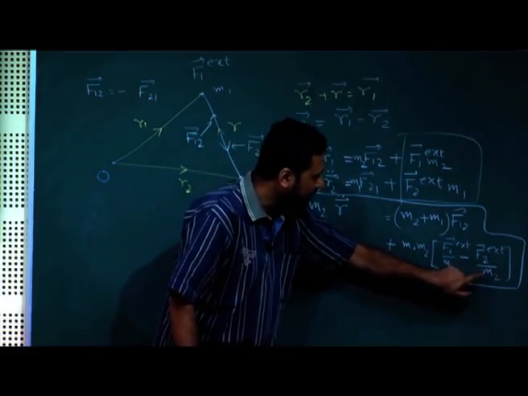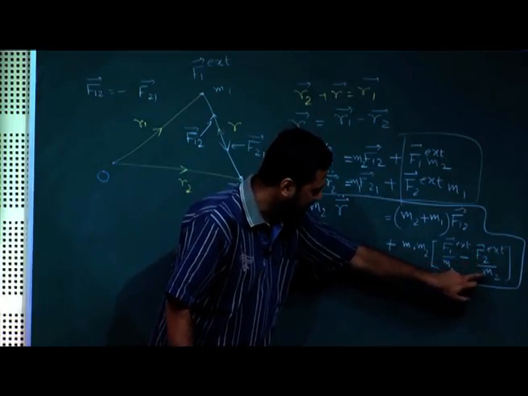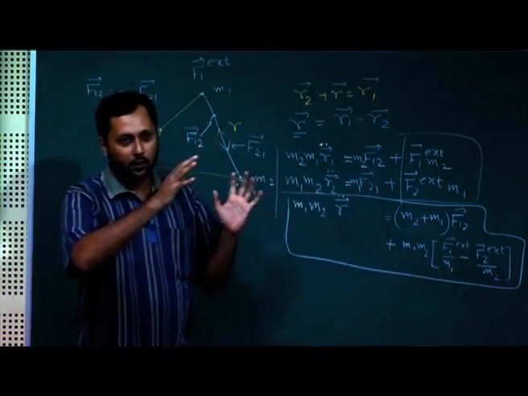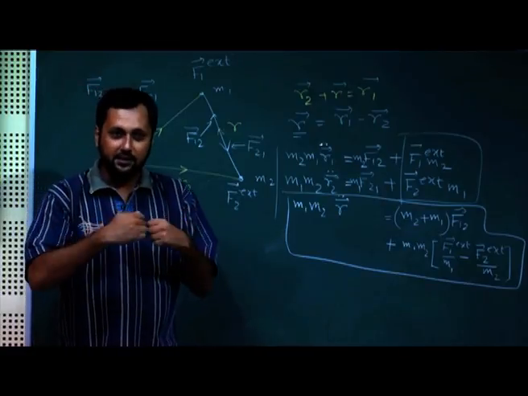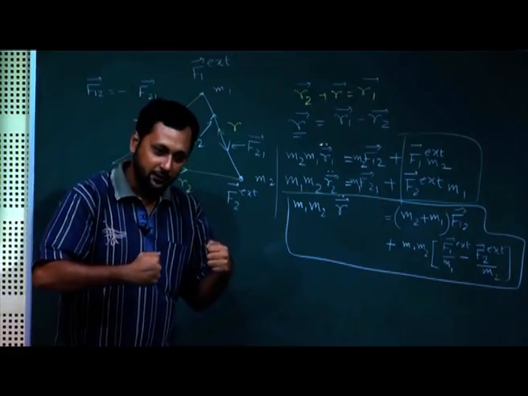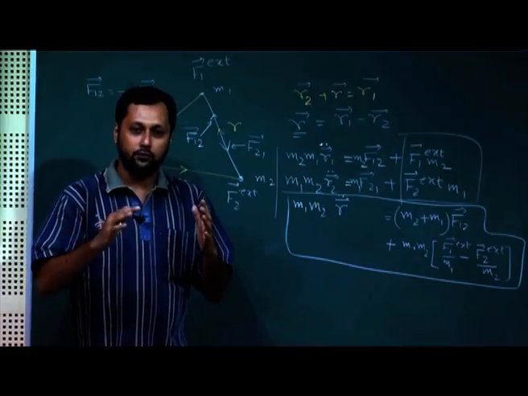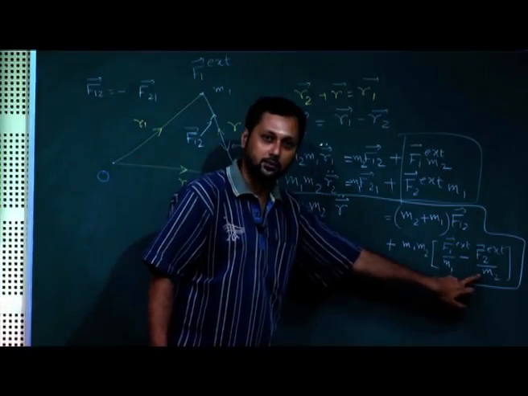Similarly, F2 external by m2 is the acceleration of mass m2 due to this external force. If the overall effect of all these forces is not affecting the internal interaction, but is shifting the two body system, producing equal acceleration in the two body system, then this term essentially cancels out.